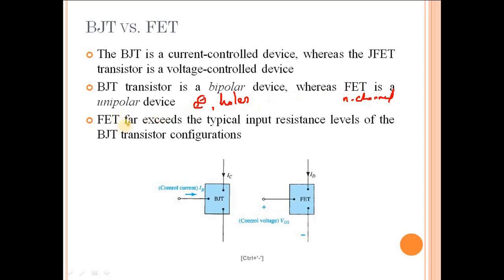Now the next difference between FETs and BJTs is that FET has an input resistance far more than the input resistance of the BJT transistor configurations. FETs will have an input resistance of around 1 megaohm or more, whereas the BJT transistor configurations will present an input impedance much lesser than this.